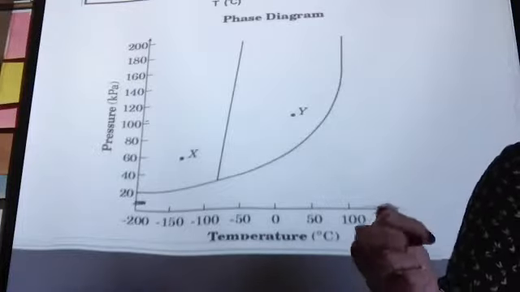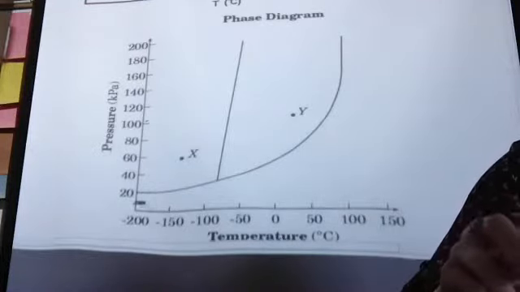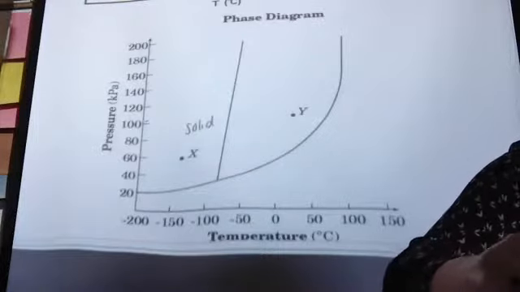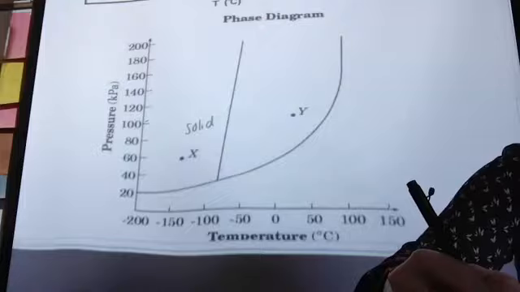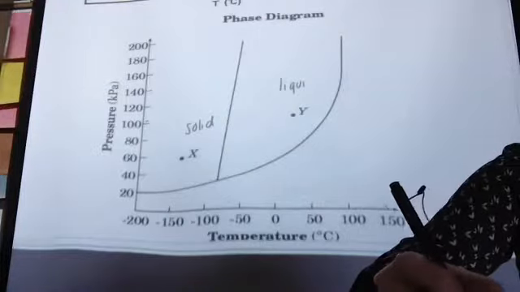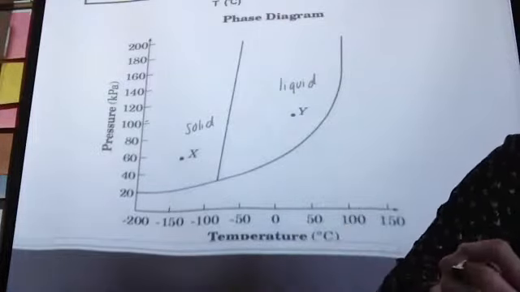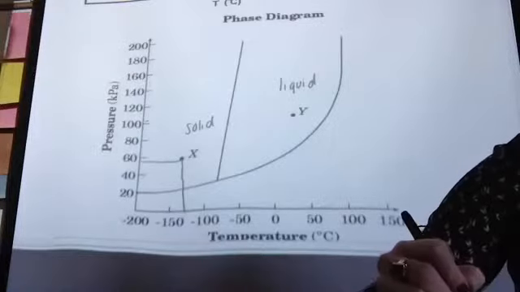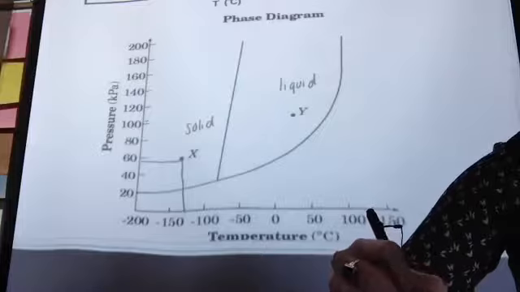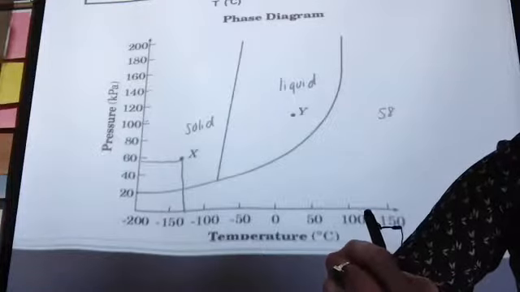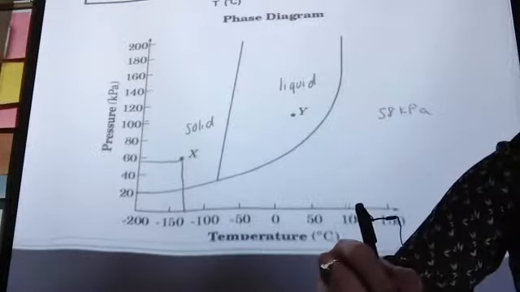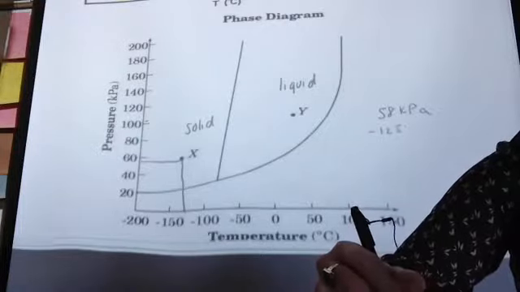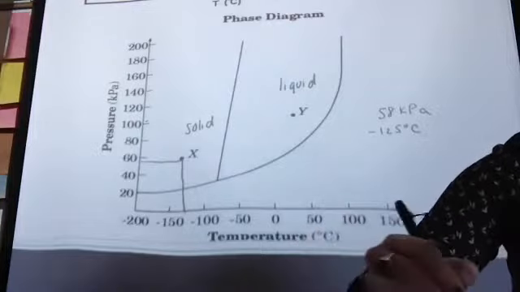Okay? So X is a solid because it is in the solid portion of this diagram. Y is a liquid. X can be found at somewhere roughly around 58 kilopascals of pressure and about, we'll go with negative 125 degrees Celsius.